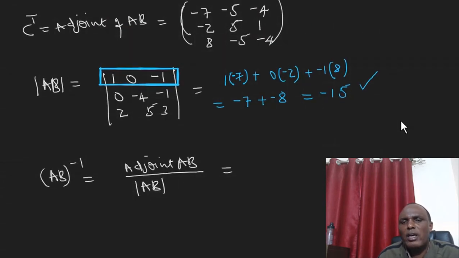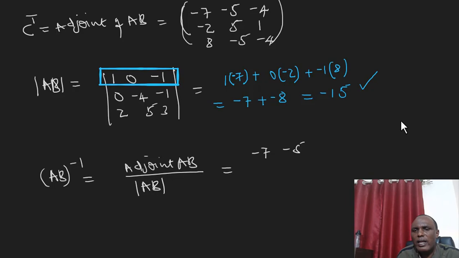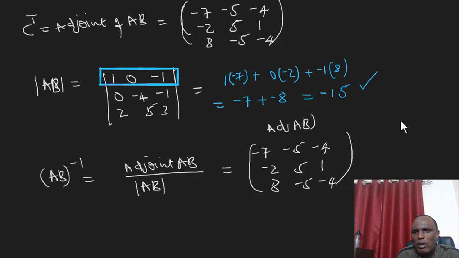The adjoint of AB is negative 7, negative 5, negative 4, negative 2, 5, 1, 8, negative 5, negative 4. We divide by the determinant, which is negative 15. Therefore it will be 1 over negative 15 times the adjoint.